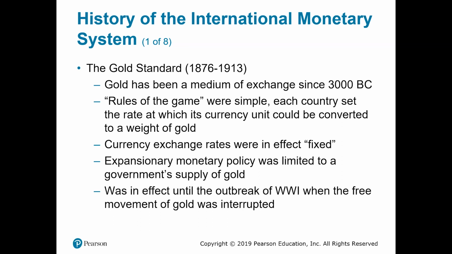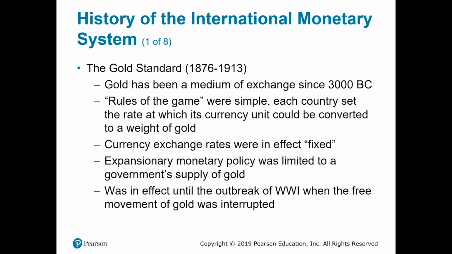For example, at the beginning of World War I, which is roughly the beginning of the 20th century, the price of 1 ounce of gold was $20.67 in the USA.